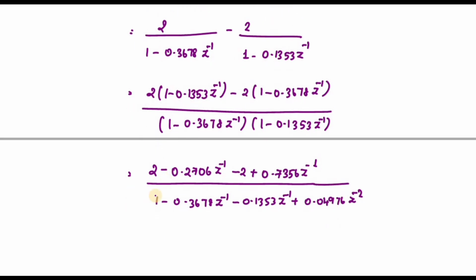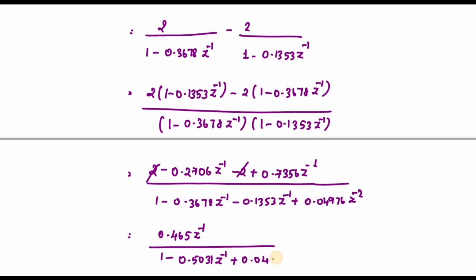Okay, on solving this one, the 2 and 2 get cancelled out. So we get 0.465 z power minus 1 divided by, and solving this one, you will get 1 minus 0.5031 z power minus 1 plus 0.04976 z power minus 2. So this is nothing but your H(z).